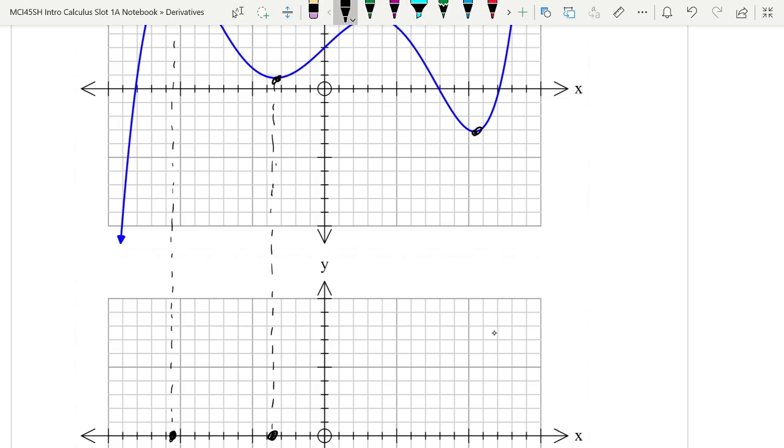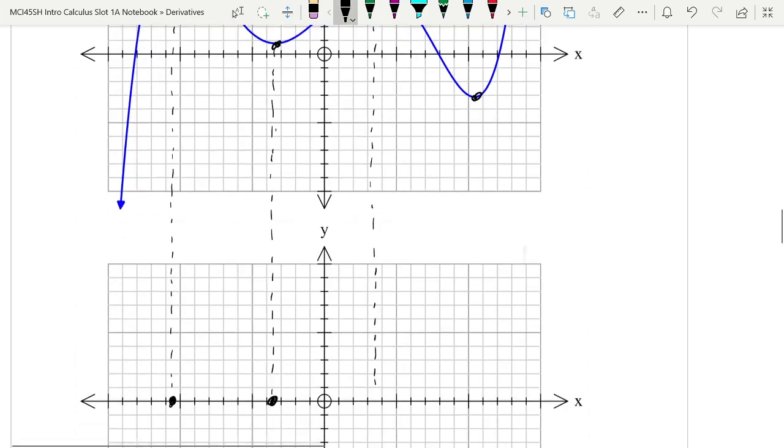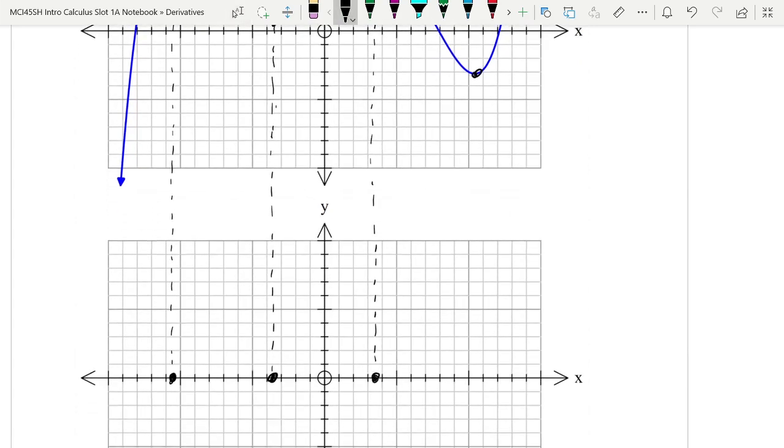Two. Oh, this one I kind of need some more room. 3. And 4. I think we got 4 x-intercepts.